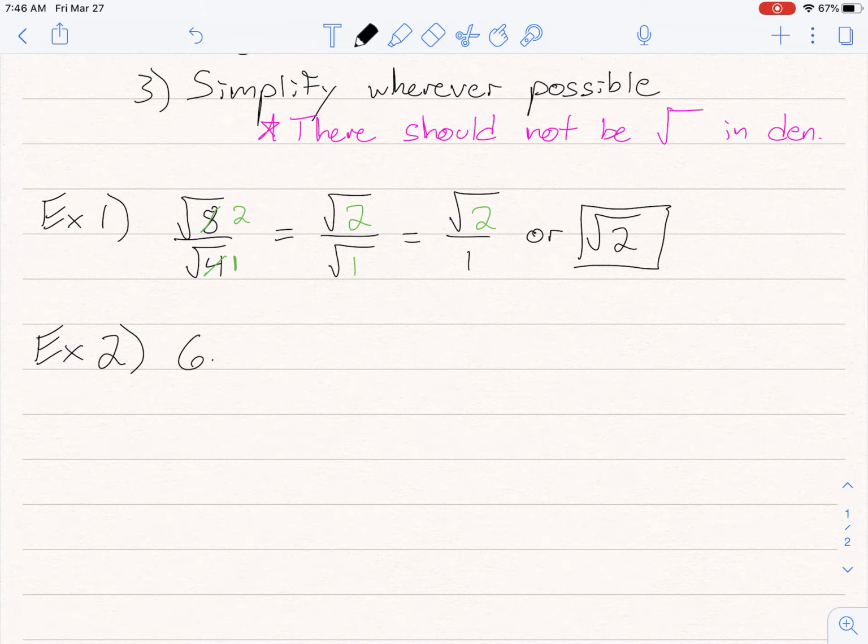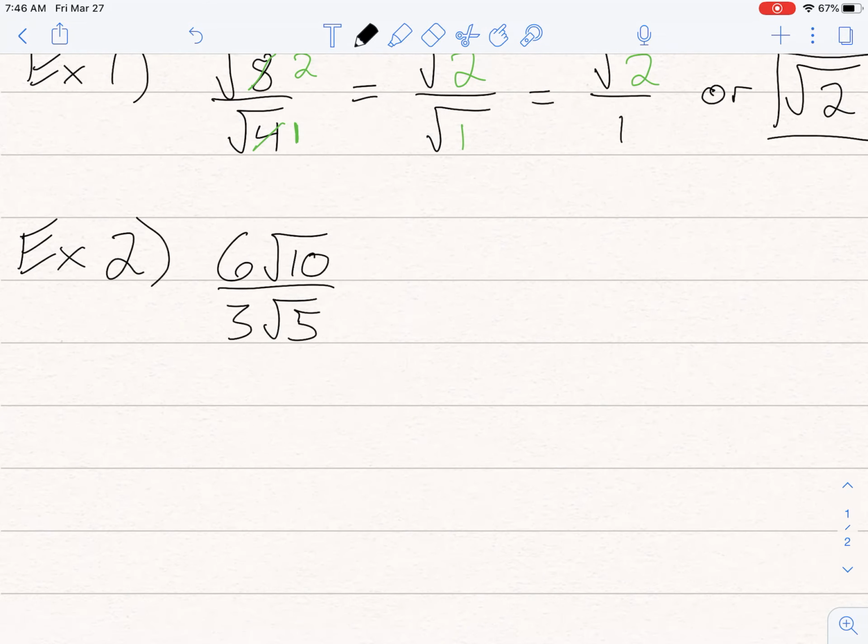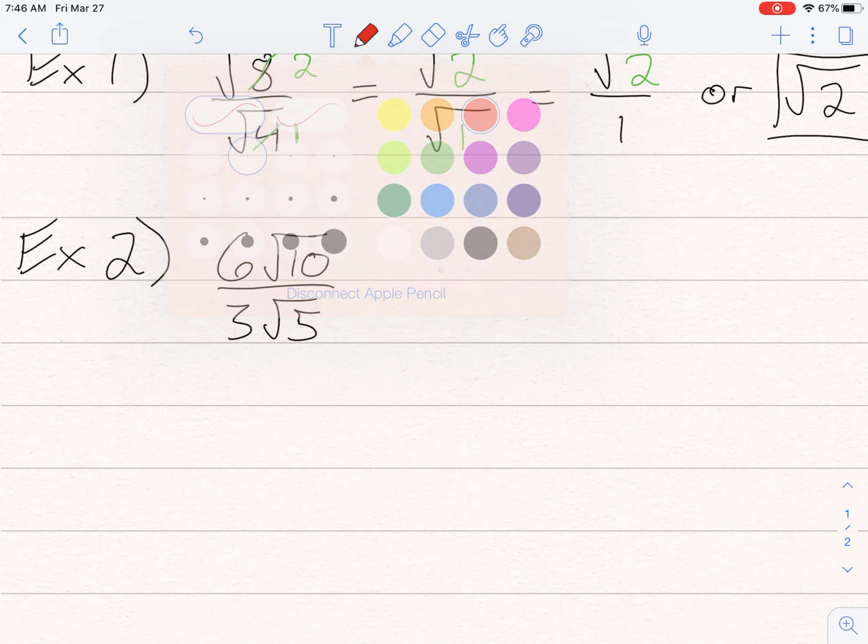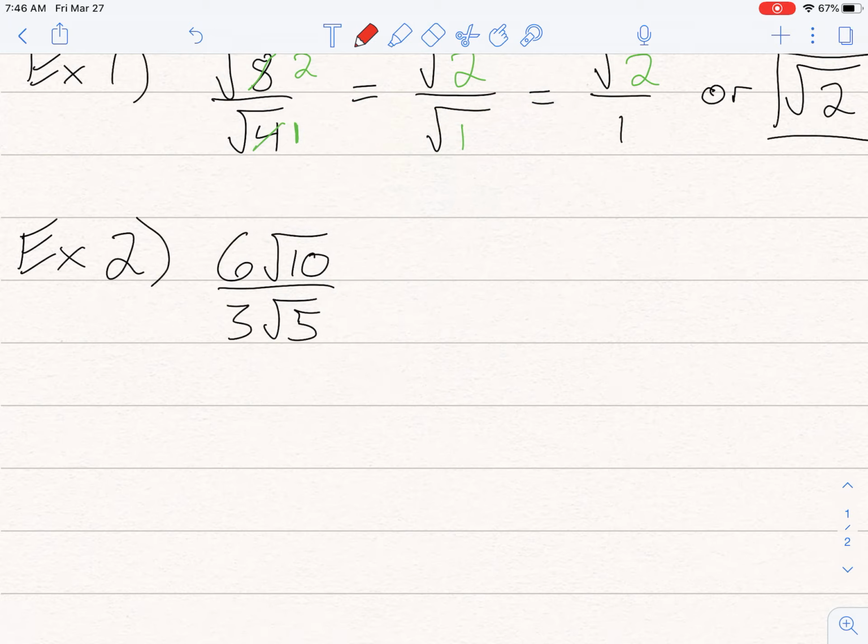This one a little bit bigger, so 6 square root of 10 over 3 square root of 5. Now, in this problem here, I actually have 2 different ways that I could simplify. I could simplify the coefficients first. So like 6 and 3, if I divide those both by 3, I get 2 and 1 here.